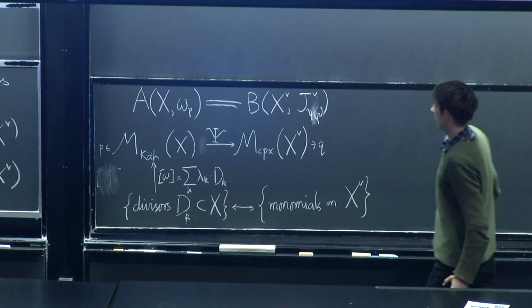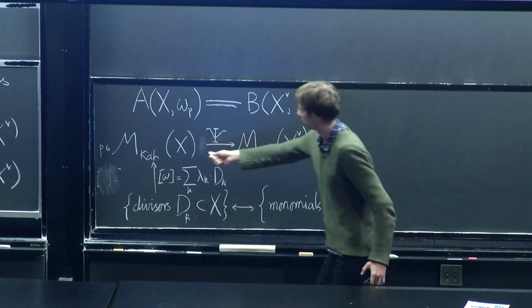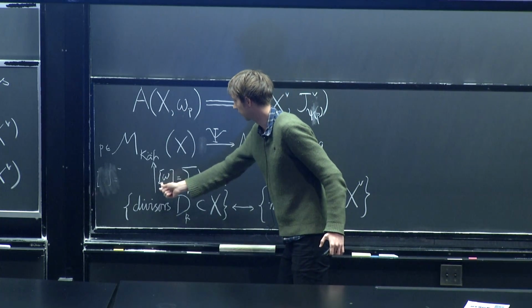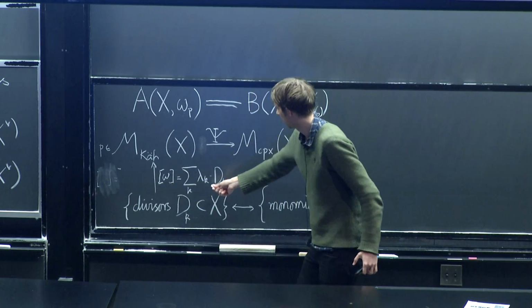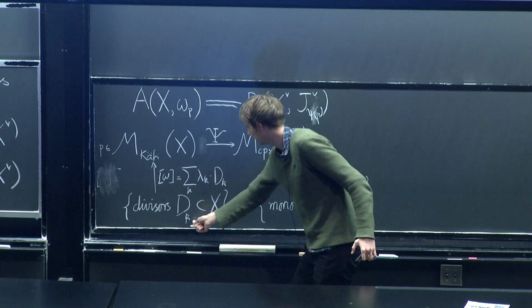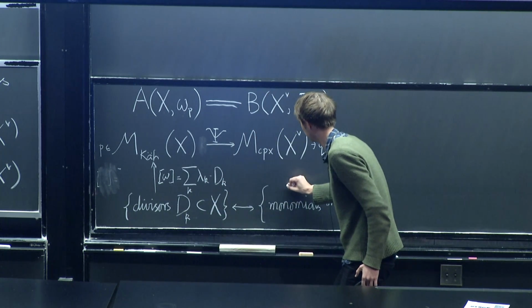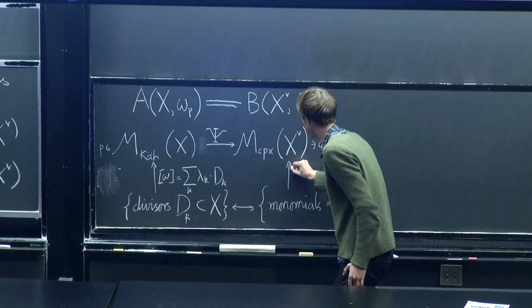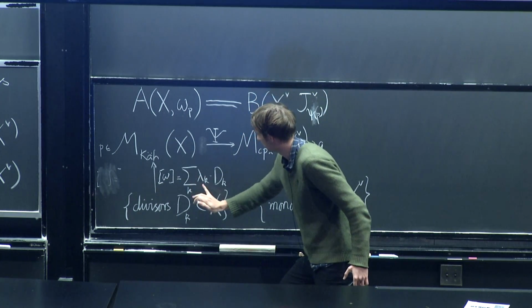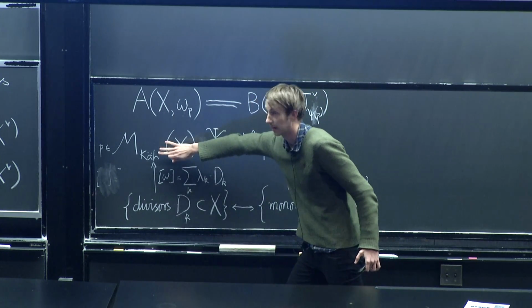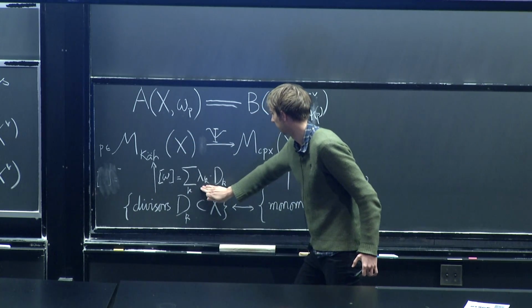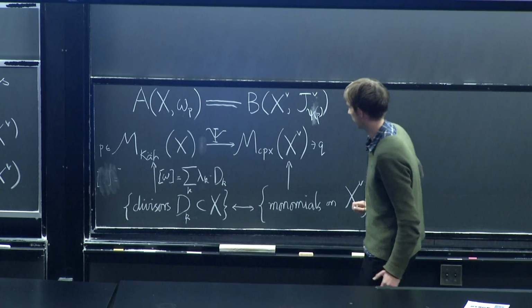So that if we write the Kähler form on X, or rather its de Rham cohomology class, as a linear combination of these divisors, Poincaré duals of these divisors, we can get some kind of parameters lambda k on this space of Kähler forms, given by the coefficients of the different divisors.